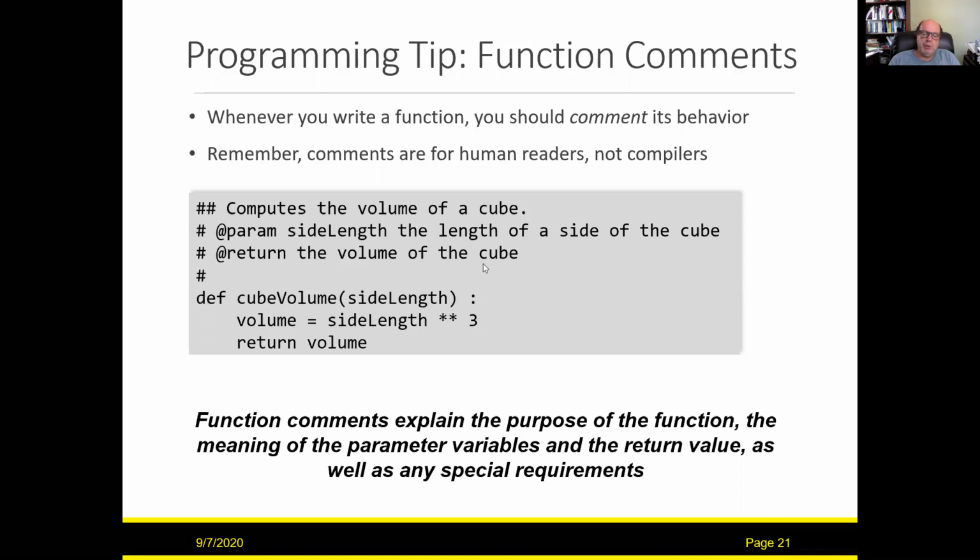So if somebody wants to use this function or is thinking about creating a function, they go to our internal website, and they're going to see this documentation, and they can decide if this is something they want to use or if they want to make more out of it.